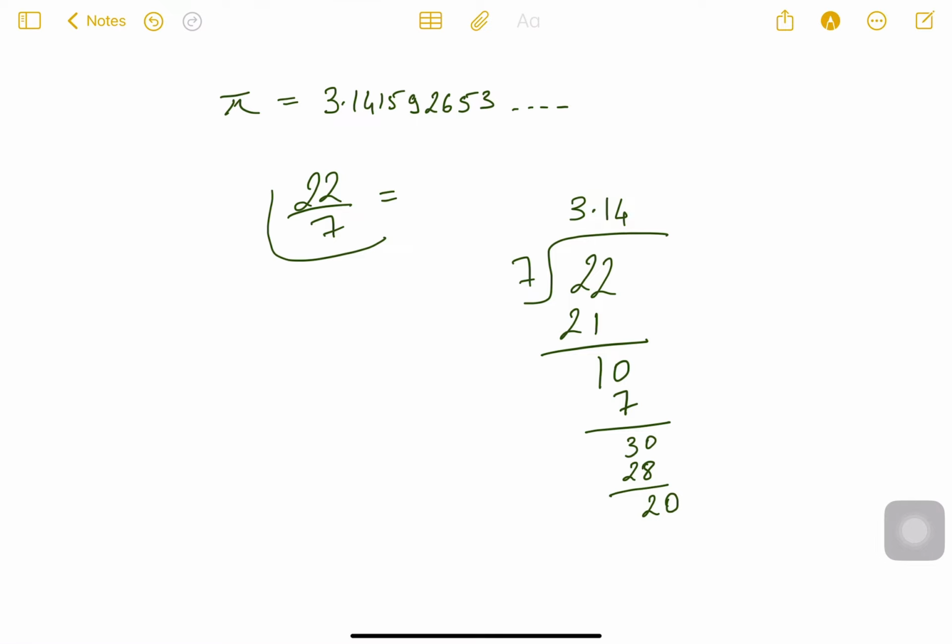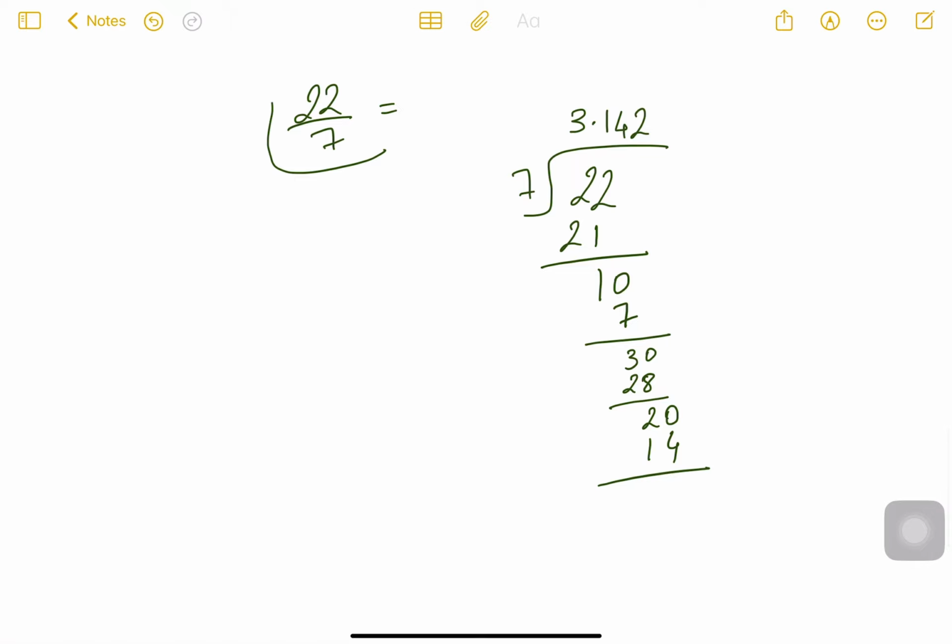Shall I go for 3? No, I cannot go for 3. I should go for 2. This will give me 14. I am left with 6. Moving further, I get 60. How are we verifying we are correct? The remainder is always smaller than the divisor.